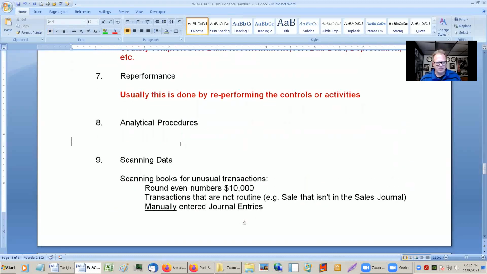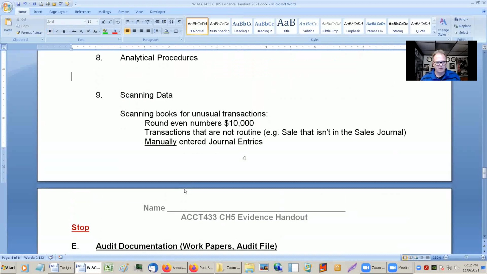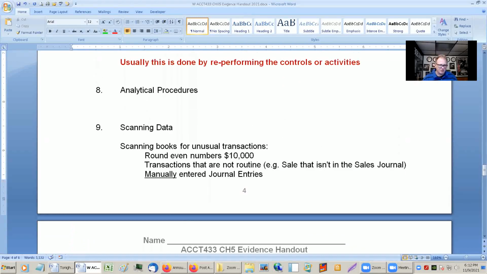Did I talk about analytical procedures? I don't think I did. I'm going to put something in here for analytical procedures just for kicks. These are usually ratios. And you're looking for plausible relationships.